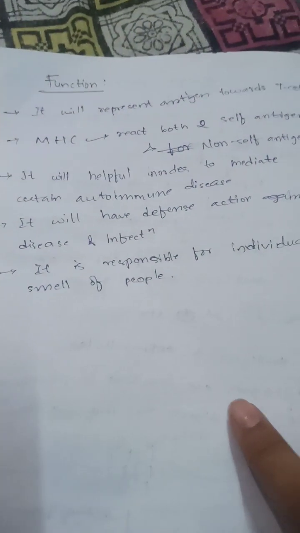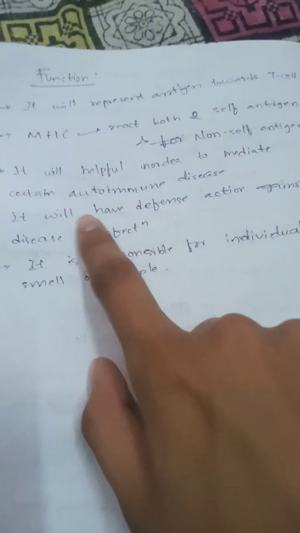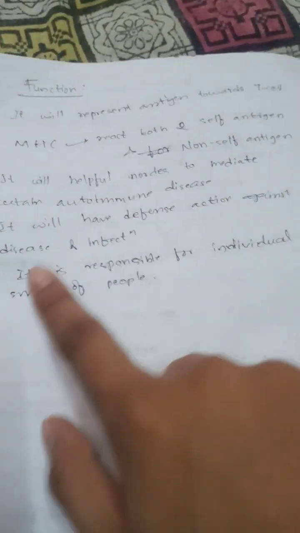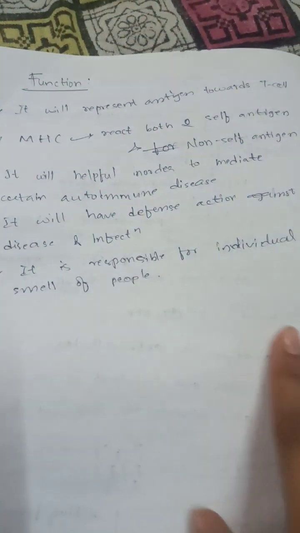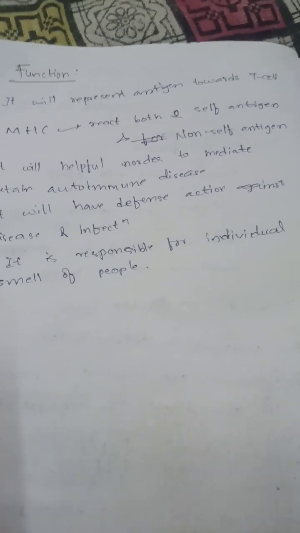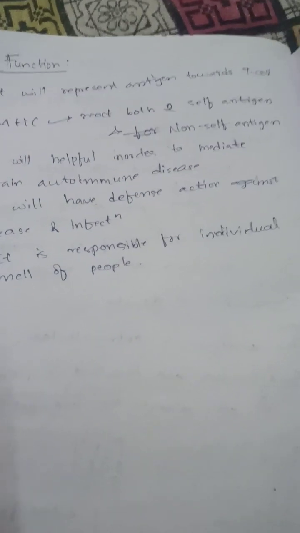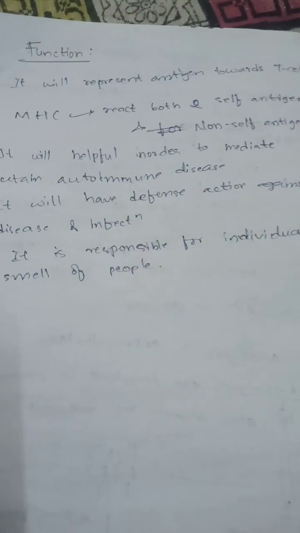So the functions of MHC are, firstly, it presents antigen to the T cell. Next, it is responsible for the individual smell of people. It is also helpful in mediating certain autoimmune diseases. It has defense action against diseases and infection. And the major histocompatibility complex reacts to both self antigens and non-self antigens. So these are the functions.